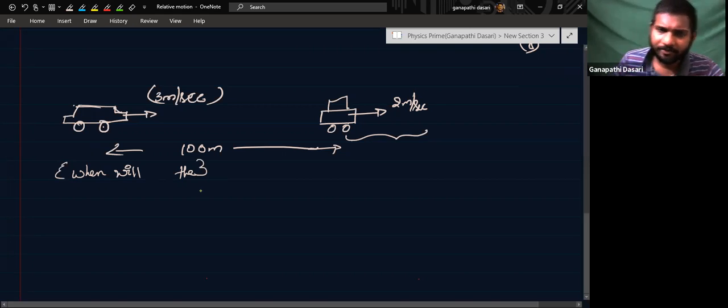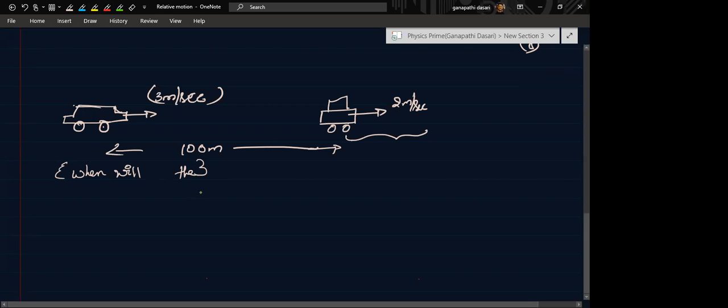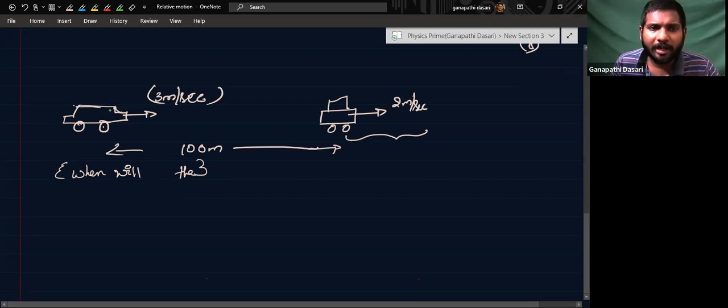Varun, are you seeing it? I want to find out, this is car A and this is car B. If you want to find out the relative velocity of A with respect to B, what can we do?